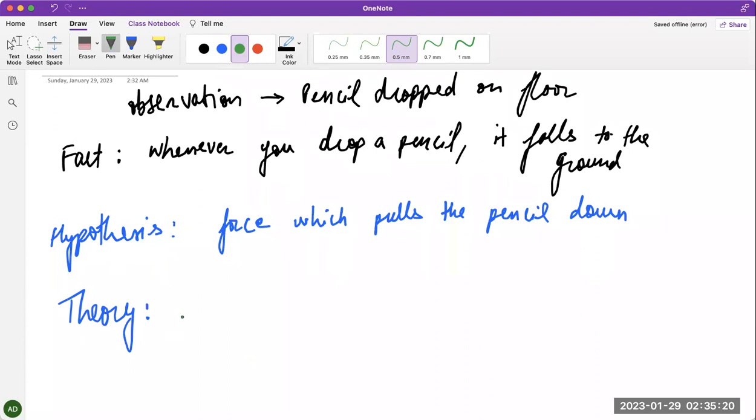Or later on, after Einstein, who gave us the theory of relativity, what we learned was that he changed the theory of gravitation that was given by Newton. So Einstein was able to explain what gravitational force actually is.